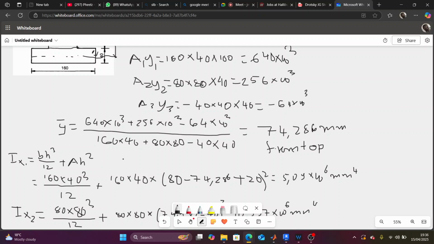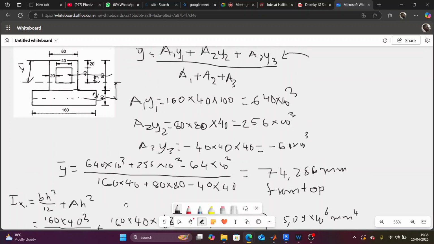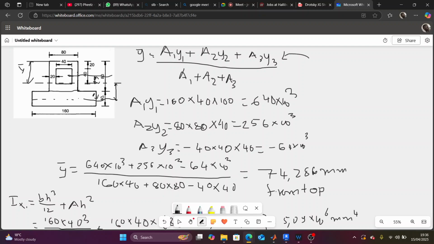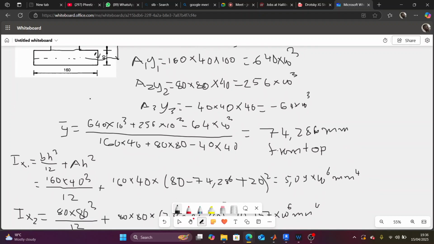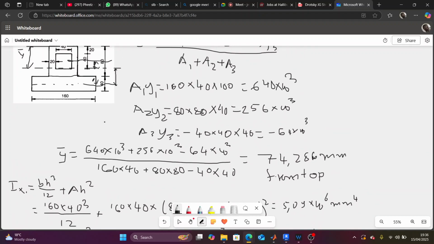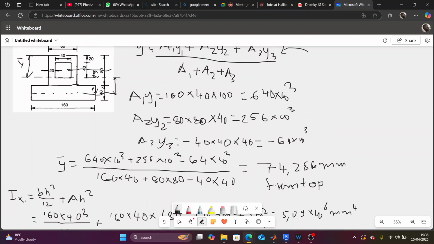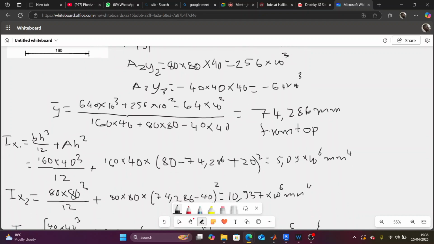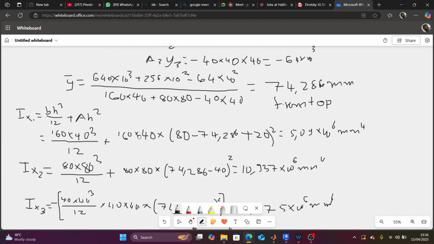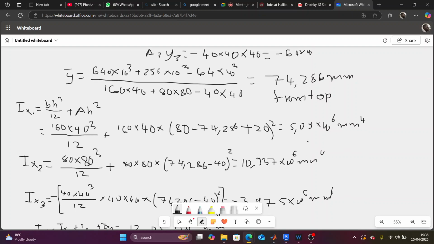That is making sense, no? Yes. h minus y bar gives the remaining, plus 20, squared. So basically what we have is 100 minus y bar. When you put it in your calculator, what do you get? 5.095 times 10 to the 6.